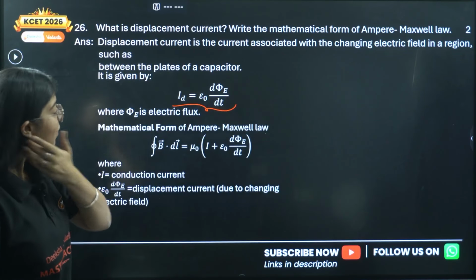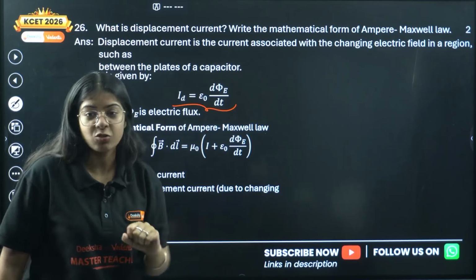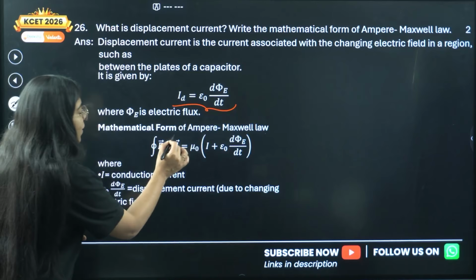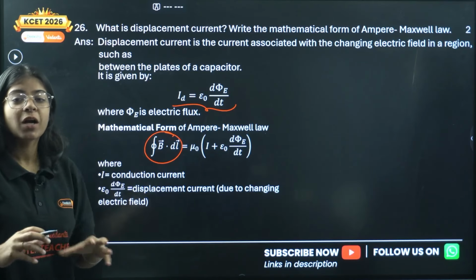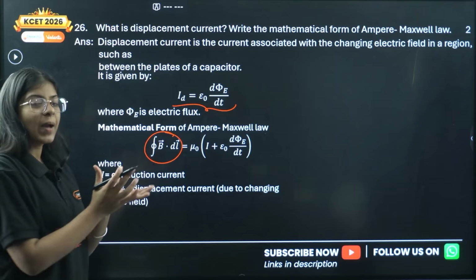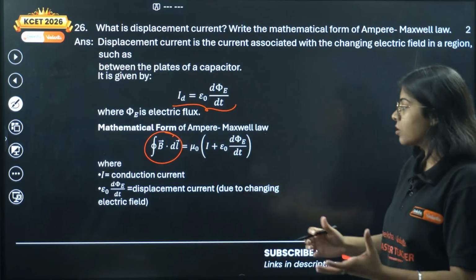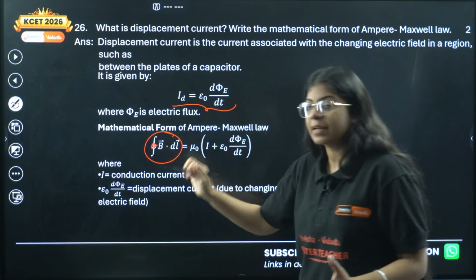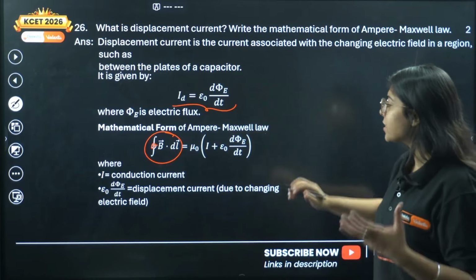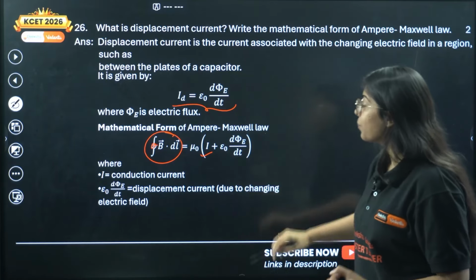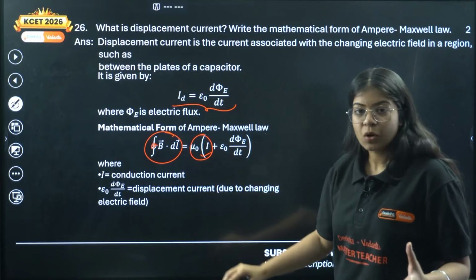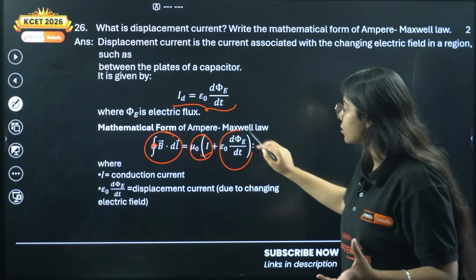The mathematical form of the Ampere-Maxwell law says that the closed integral of the magnetic field intensity over a closed surface is equal to the current. This is the conduction current, and this is my displacement current.